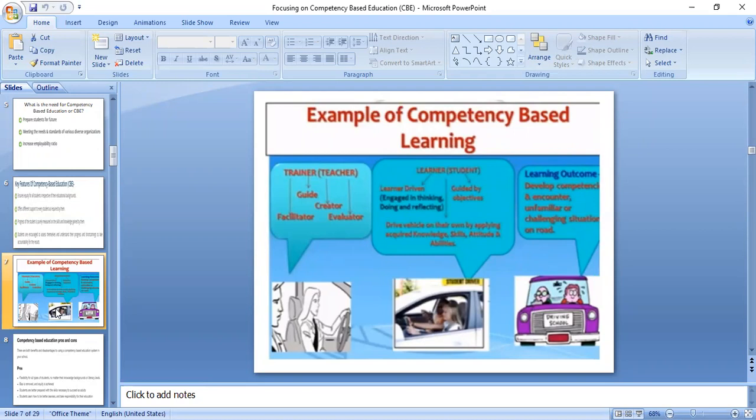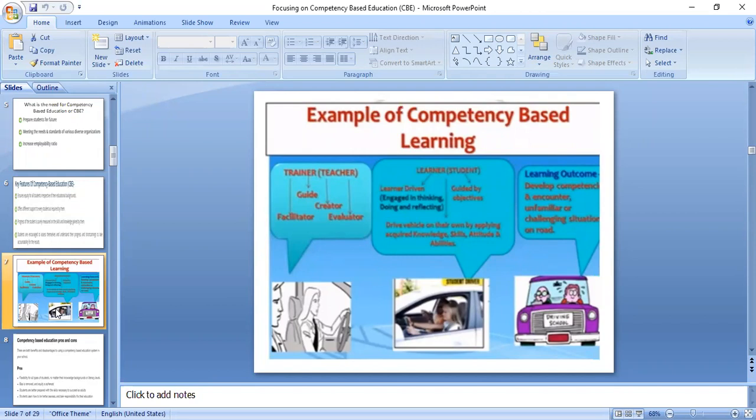When we talk about 21st century skills, every child is different. We all know it. The learner here has to be learning driven. Hence, he must know in advance what learning outcomes are being defined here. Here, a driver knows that he has to know driving. Similarly, our students should know what learning outcomes they are going to achieve.